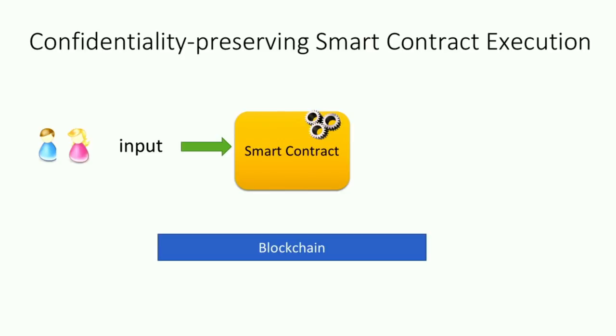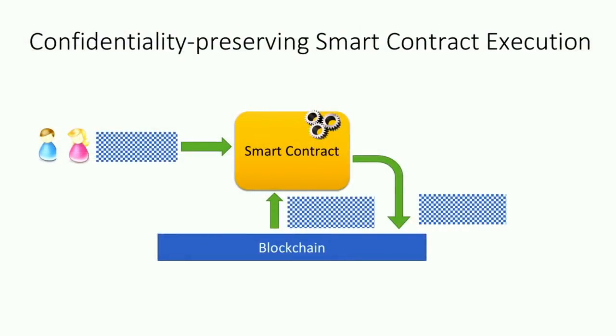In this case, the input to the smart contract is public, and the smart contract essentially takes the inputs, does a computation, and performs a state transition. And also the state of the smart contract in most of today's blockchain platforms is also public.